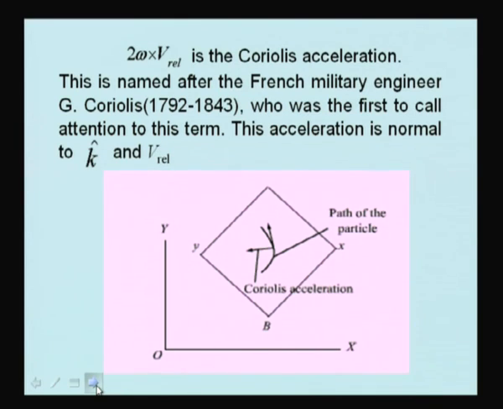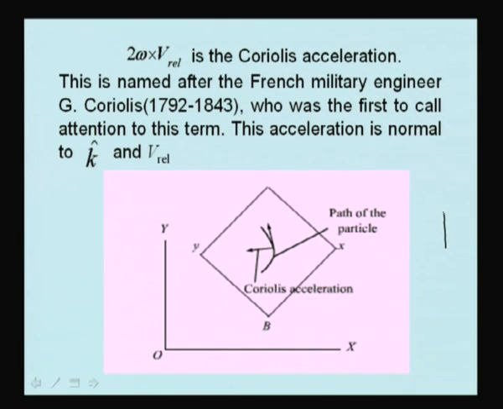So, if the path of the particle is like this, and you have the relative velocity of the particle like this, rotate the relative velocity vector in the direction of rotation, give a 90-degree turn, and you get the direction of Coriolis acceleration.